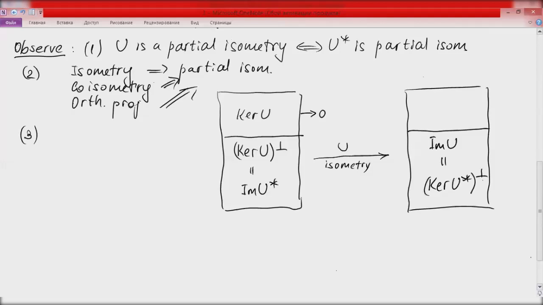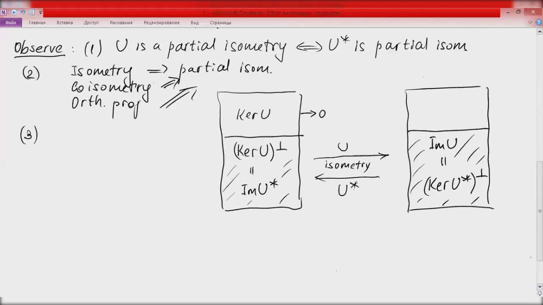And we also know that U star is a partial isometry. So for the same reason, U star restricted to this subspace here is an isometry onto this subspace. This is U star, and it is also an isometry.